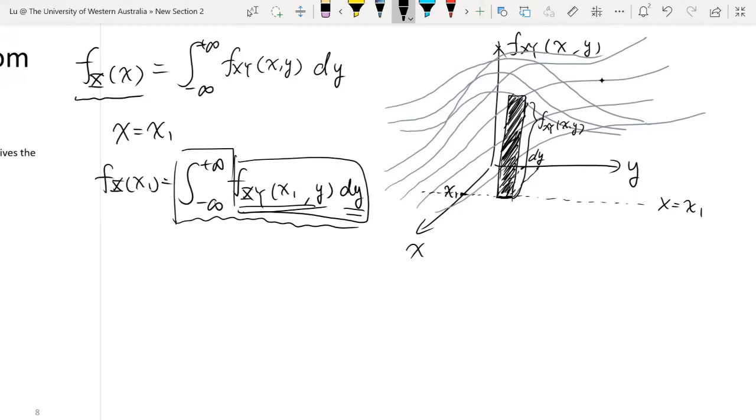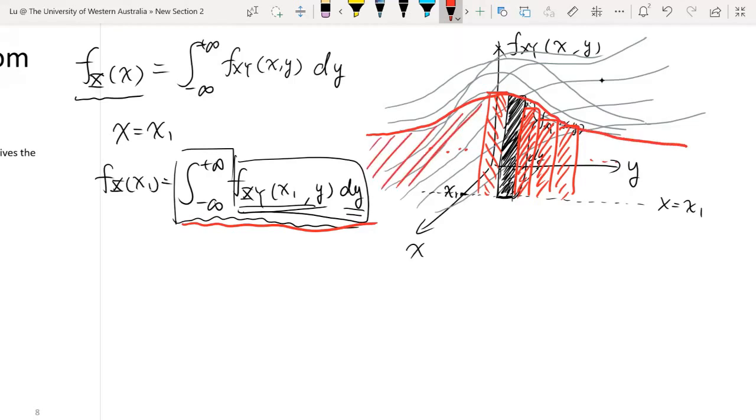That means you have to repeat this procedure for the next small dy, and again to the other side, same thing, repeating this procedure. After you finish the calculation, the result of this integration is the total area of this curve.